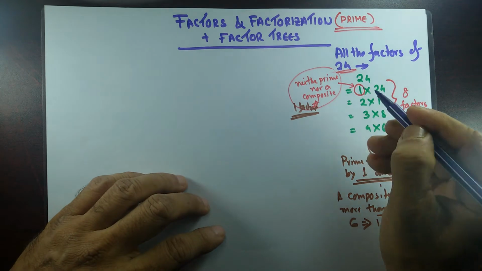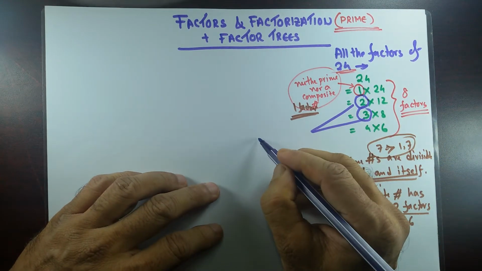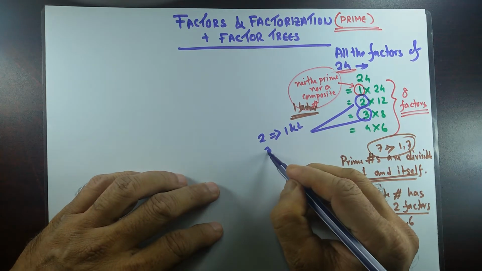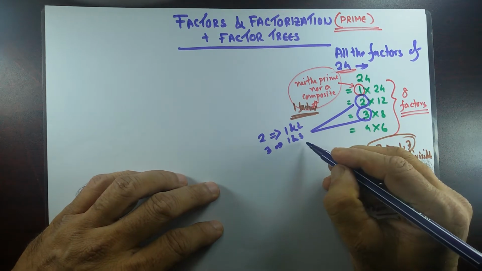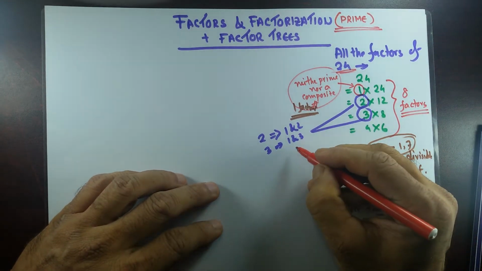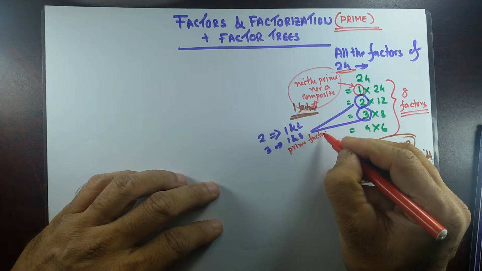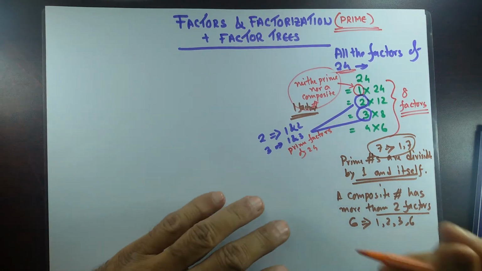By that definition, 2 and 3, see that? 2 has 2 factors, that's 1 and 2. 3 has 2 factors, 1 and 3. So these 2 are the prime factors of 24. What about the rest of them?